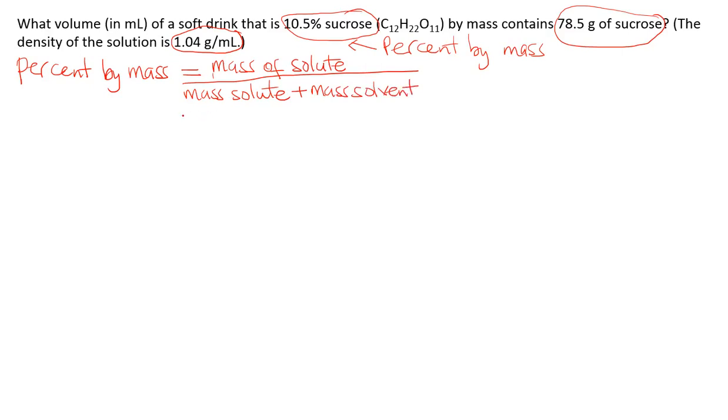So we can say that this is the same as mass of solute divided by total mass. So the total mass will be the addition of the mass of sucrose and the mass of the solvent that we are using. Let's say in this case, maybe we are using water.